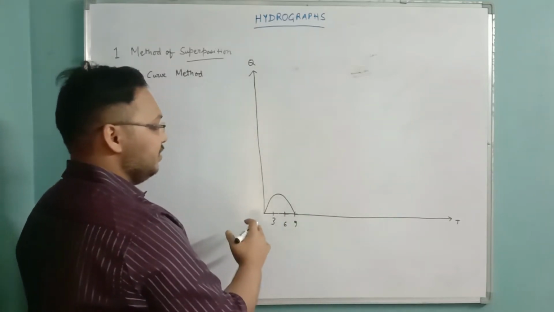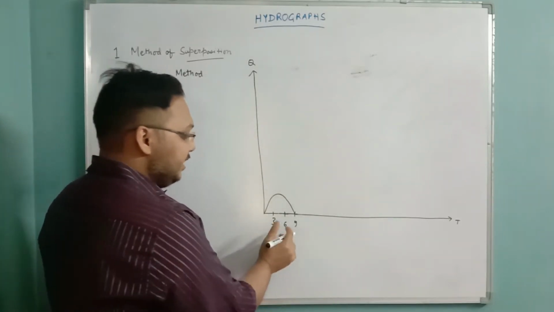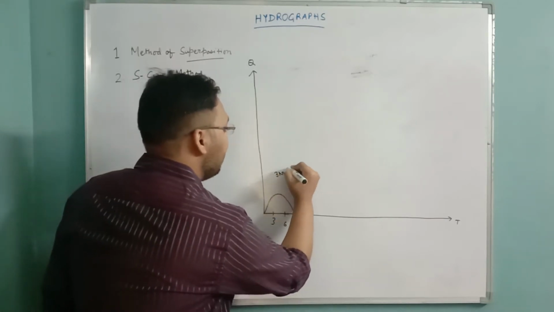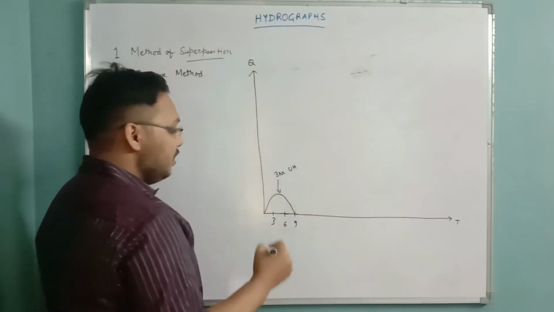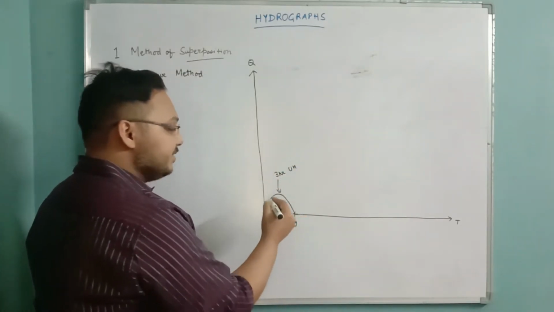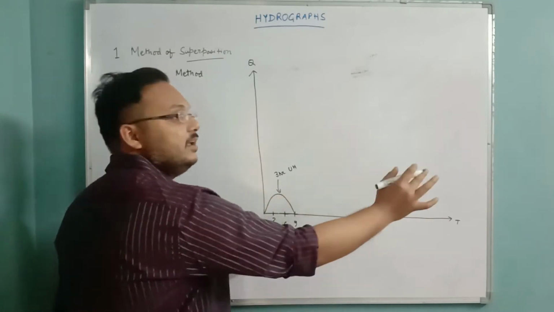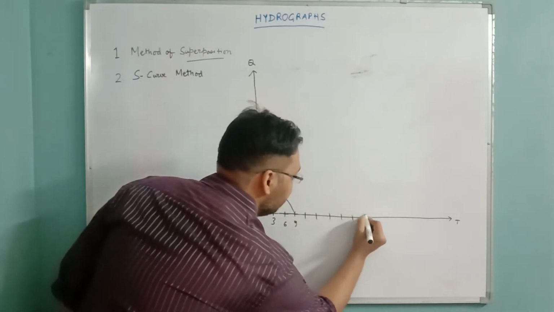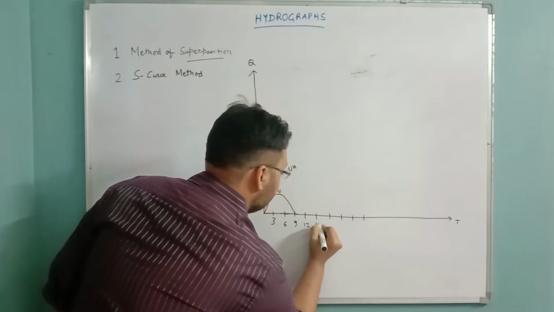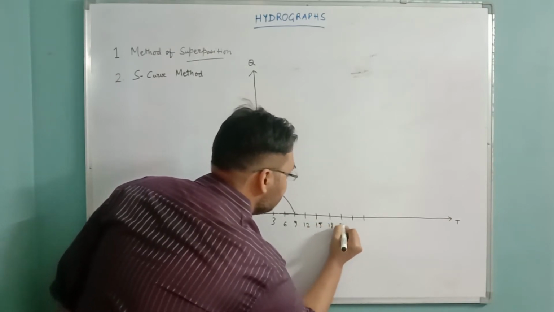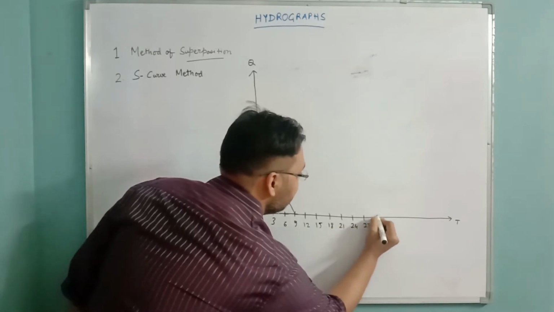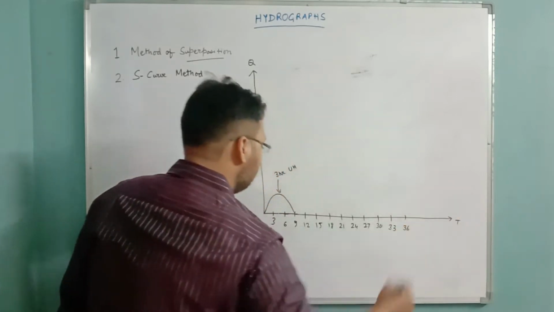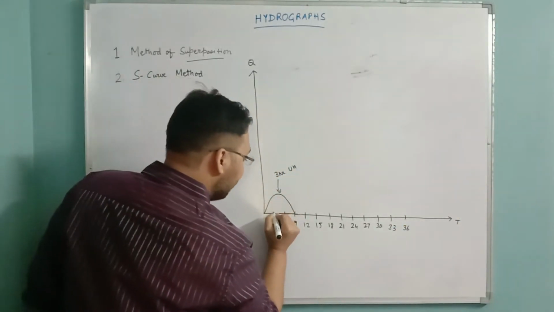Suppose this is a hydrograph of base time 9 hours and this is a 3-hour unit hydrograph. What we are going to do is lag this hydrograph by 3 hours. So if I make up this axis quickly, 12, 15, 18, 21, 24, 27, 30, 33, 36 and so on, we are going to lag this one by 3 hours.